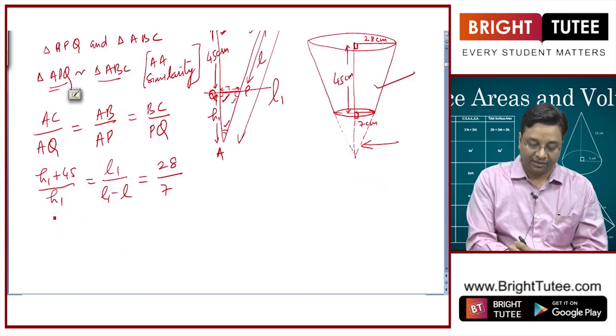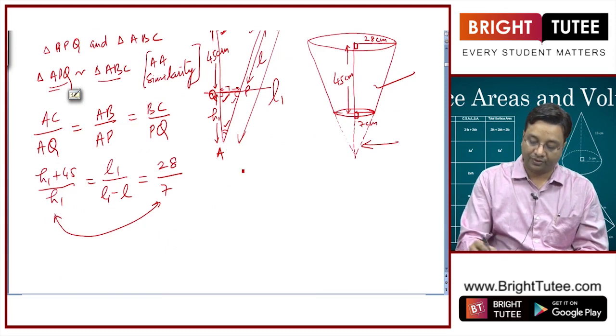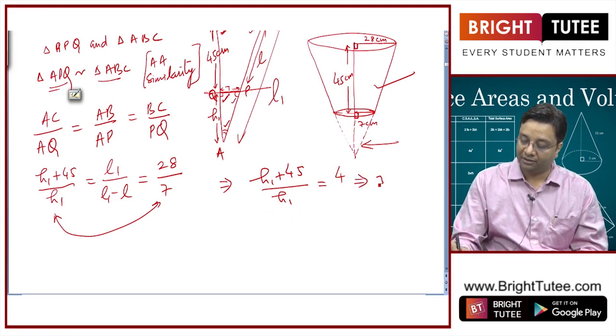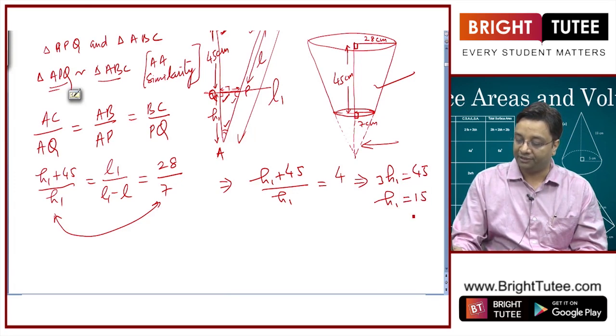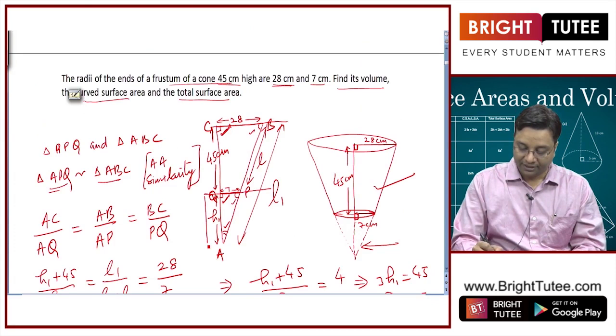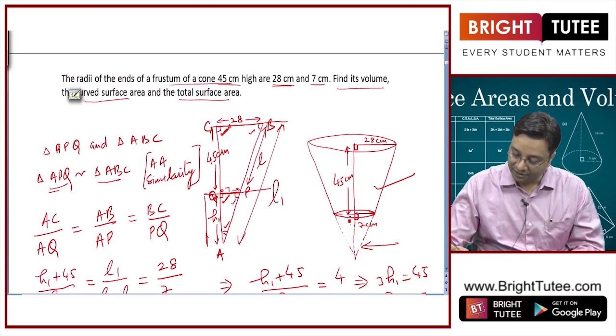So now if I compare these two, H1 plus 45 divided by H1 is equal to 28 by 7, which is 4. So 4H1 minus H1 will be 3H1, it is equal to 45. So H1 is equal to 15. So this height AQ is 15 centimeter.